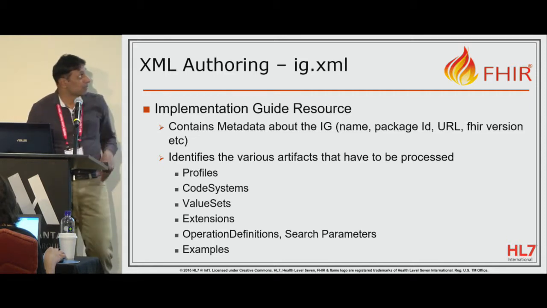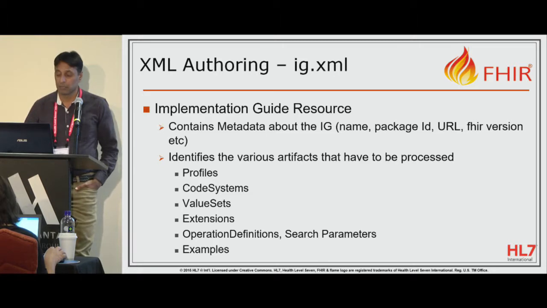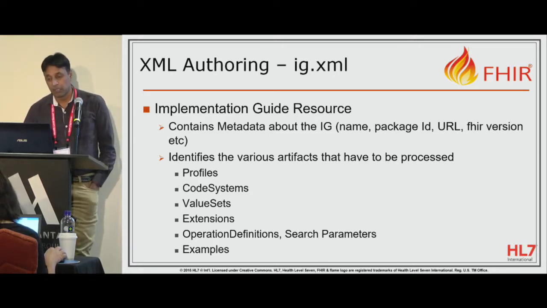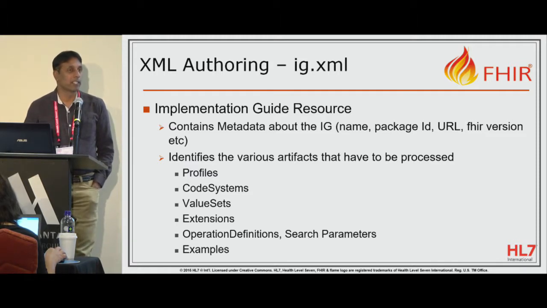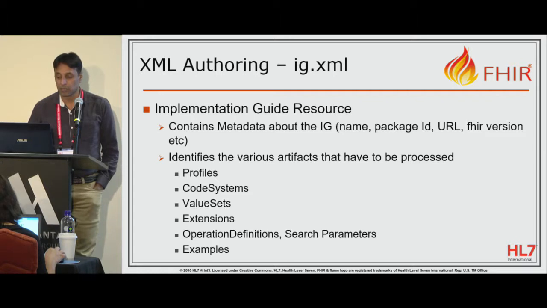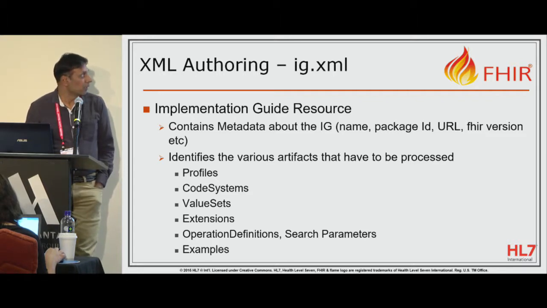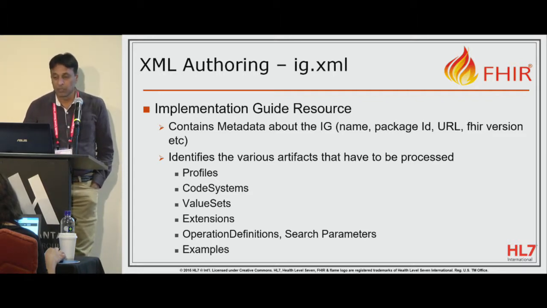IG.XML, that's the implementation guide resource. We started getting into it. It contains a lot of the metadata about the implementation guide itself, like the name, the package ID, the URL, and the specific FHIR version on which this is built. It will also identify all of the different profiles, code systems, value sets, operation definitions, search parameters, examples, extensions, and so on and so forth.